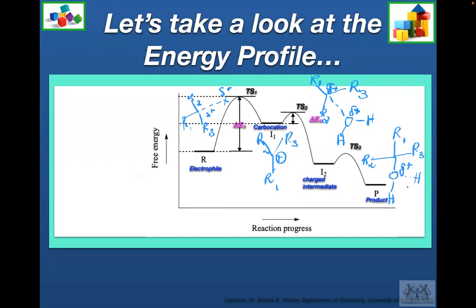And of course, we know the product. Of course, we also know what this charged intermediate looks like because we saw it a few moments ago. R1, R2. Okay, let me just fix that.